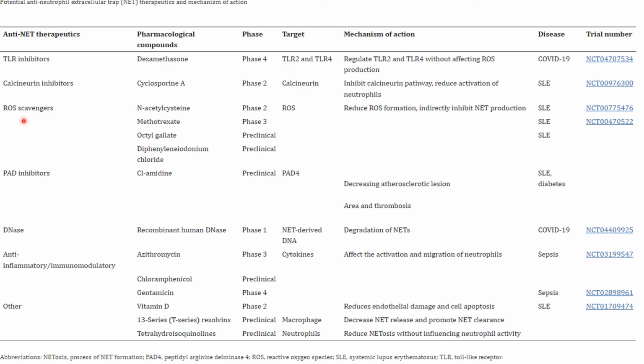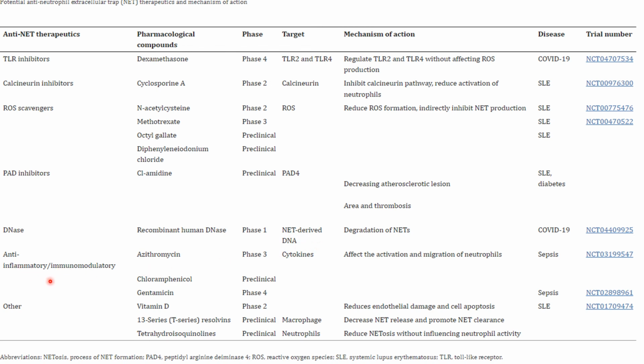And we have reactive oxygen species scavengers. We have different chemicals here in phase 2, phase 3, and preclinical. Their target is reactive oxygen species. We have PAD inhibitors, as I said, like Cl-amidine. It's preclinical. We have DNase, which will act on the NET, recombinant human DNase, in phase 1. This will act on NET-derived DNA.